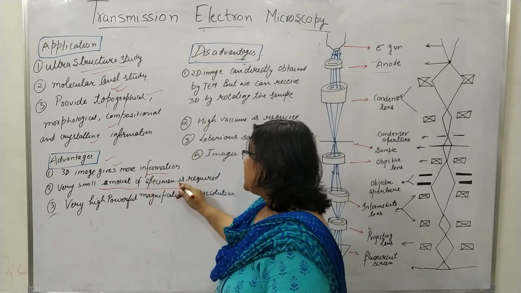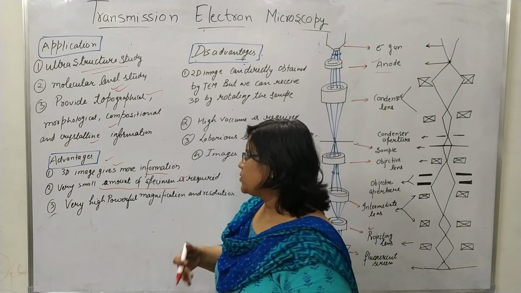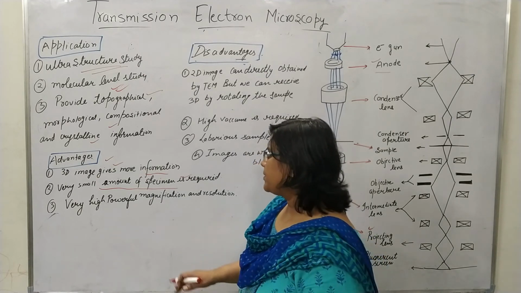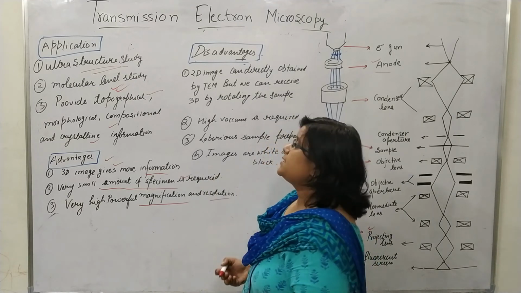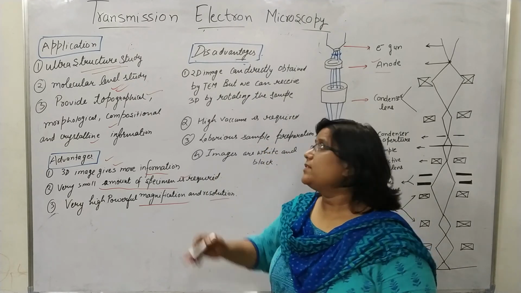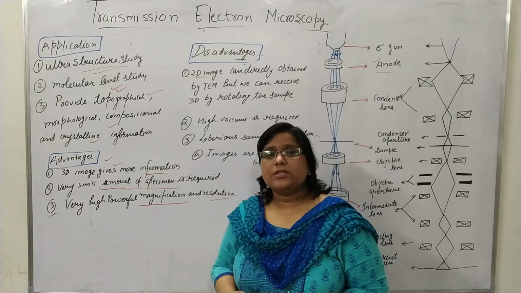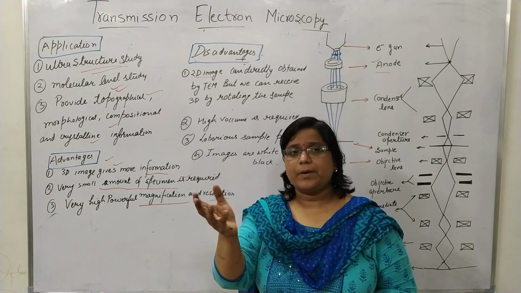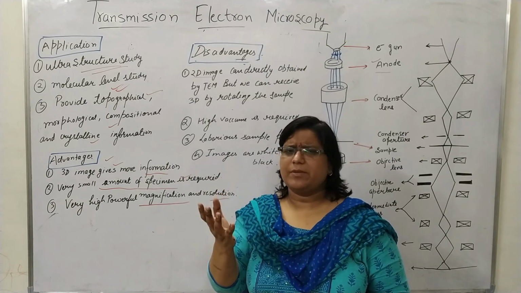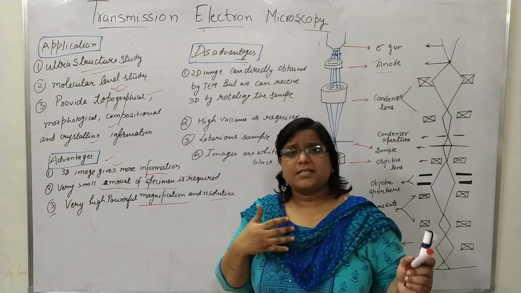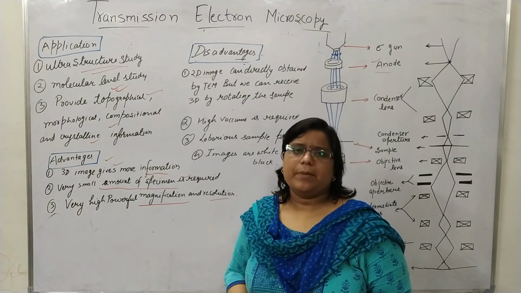Here the main advantage is that a very small or thin section is required, so there is no need to give much specimen or sample, and the magnification and resolution power are very high. The main disadvantage is that with TEM we mainly receive a 2D image. When we want a 3D image, we have to rotate the sample at each and every point, so we have to take hundreds of images, and with so much interaction of the electron beam, the sample may be destroyed.